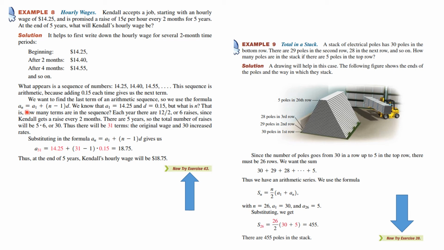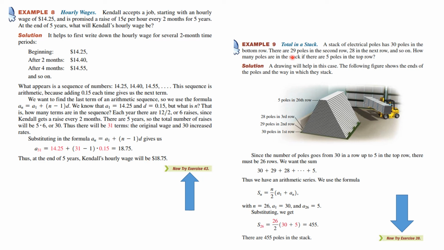Well, An is equal to A1 plus n minus 1 times D. And we have to know what n is, and it was 5 years, so there will be 31 terms when we add the starting wage. And so A31 is going to be 14.25 plus 31 minus 1 times 0.15, and that's going to add up to be this. That's his salary at the end. Here's an example that you can use to test your understanding.